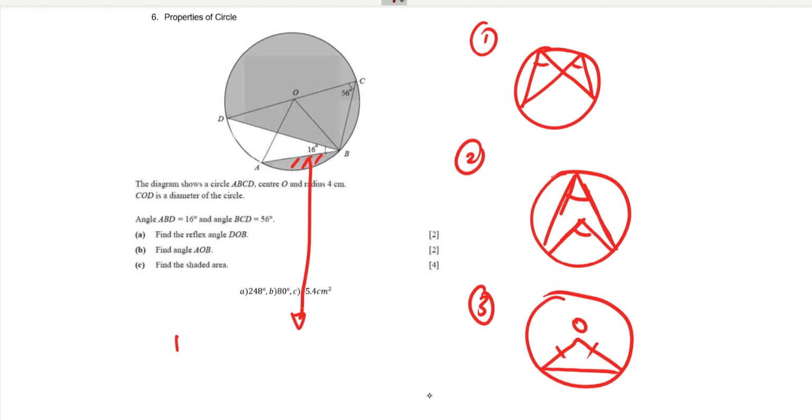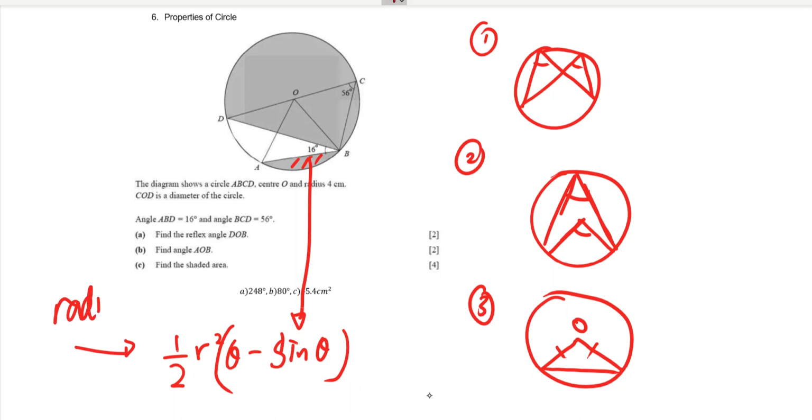There's a short way to find it, it's called half r square theta minus sine theta. However, this is only for radian mode.